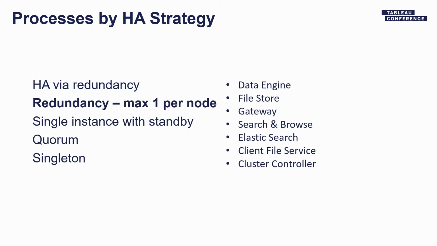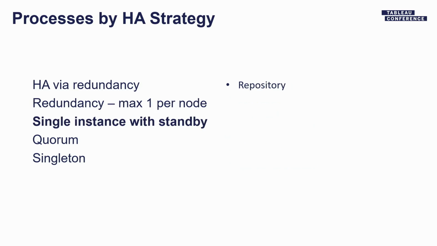There are some processes which are limited to having only one per machine. And so for that, we really have to have multiple machines in order to make those redundant. The repository is limited to having a single active read-write instance in the entire cluster. And so for this one, we're going to have to use a standby in order to make this highly available.